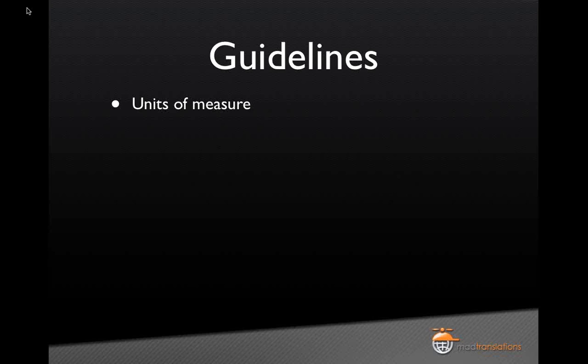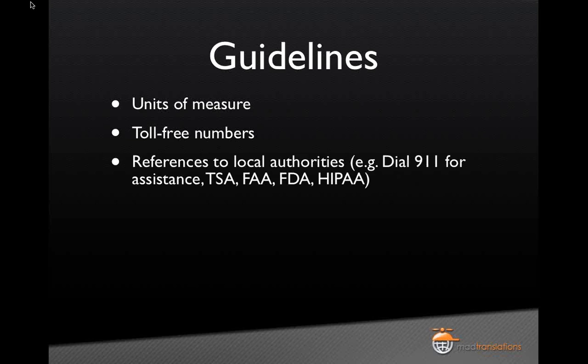Some of the things you may want to look at are the units of measure in your documentation, the toll-free numbers, references to local authorities, like, for example, 911, or referring to the TSA, the FAA, FDA, or HIPAA.